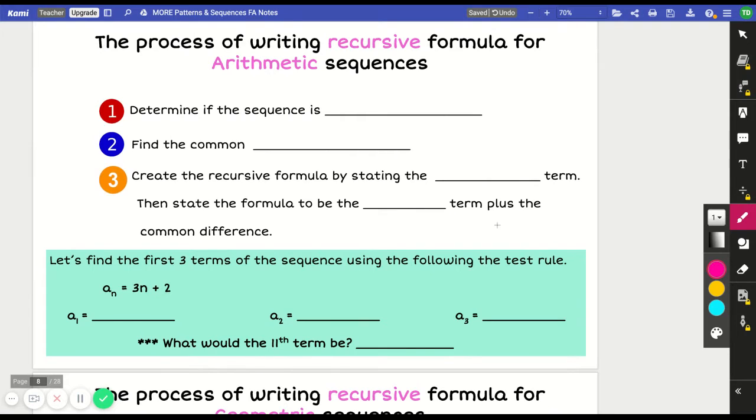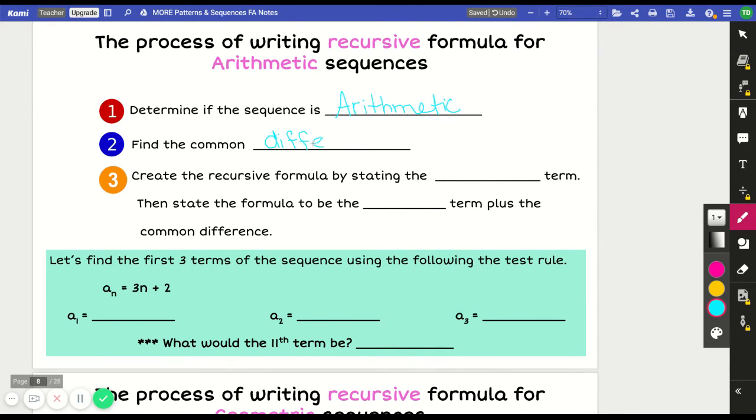Let's look at the process of writing recursive formulas for arithmetic sequences. Okay, so first you need to determine if the sequence is in fact arithmetic. And the growth factor that's associated with that is the common difference.